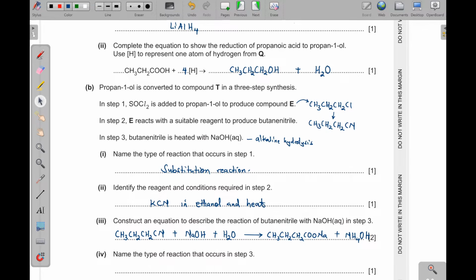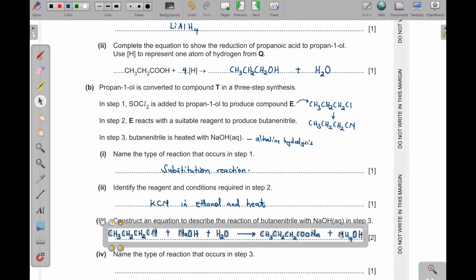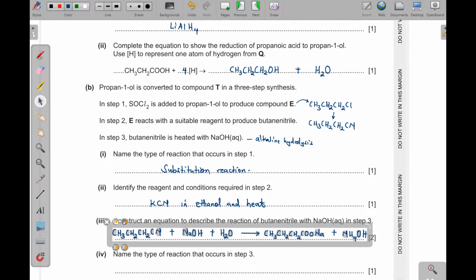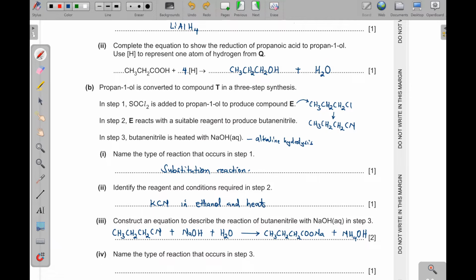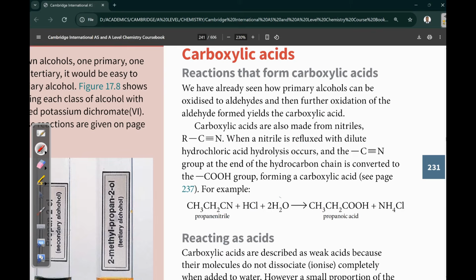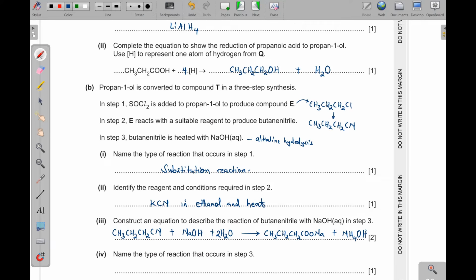Now what is left for us to do is to balance. If we try to balance this one here, we are seeing 2 oxygens here, and yet here there are 3. So what does that imply? I think I can put a 2 here, just like it was in the book. You see here we had 2 molecules of water, so I'll come here and also put 2 molecules of water.